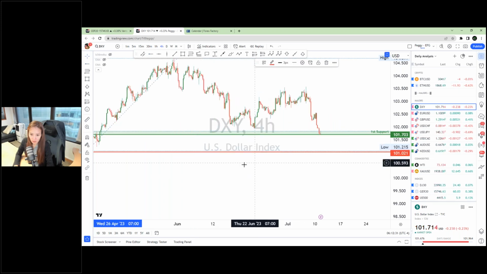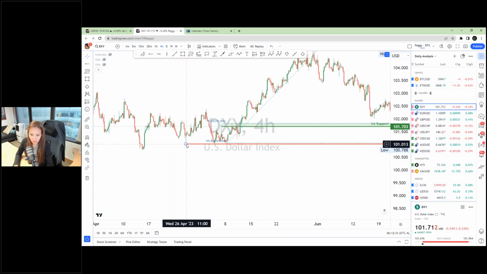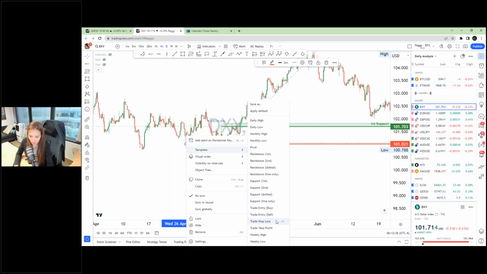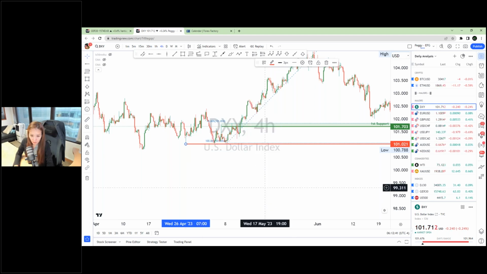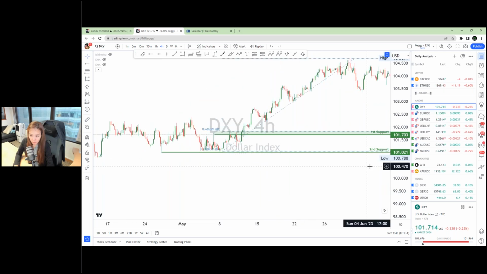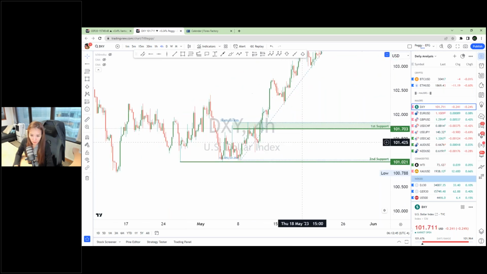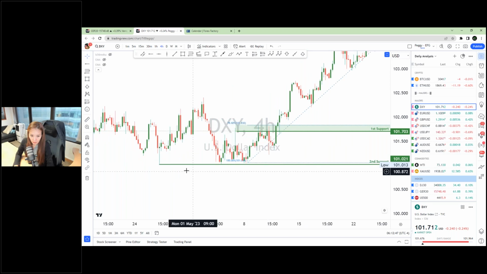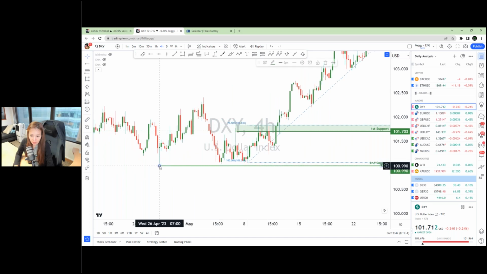Why do you choose this second support? Because there are multiple swing lows. Sorry, my eyes are blurry. When you zoom in, sometimes it doesn't have to be exact. You just mark the support and resistance.